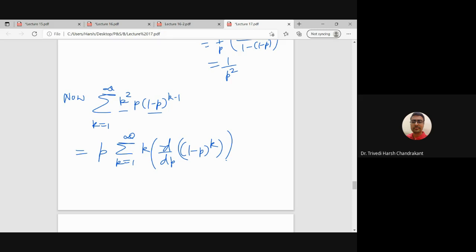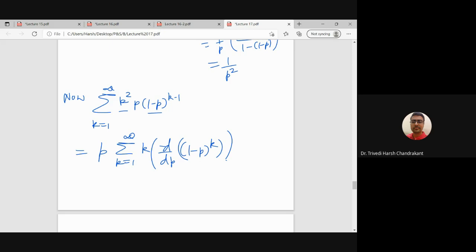Because the derivative of 1 minus p is minus 1, right? So that's why we have taken the negative sign. Now, k we cannot take outside. So what we'll do? We cannot take k outside, but we can take the derivative outside, right?